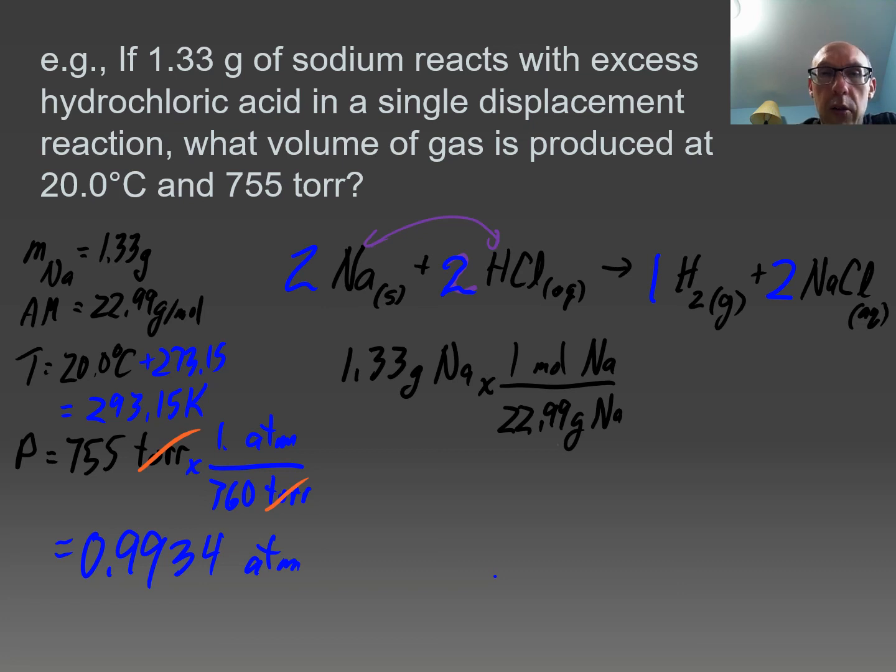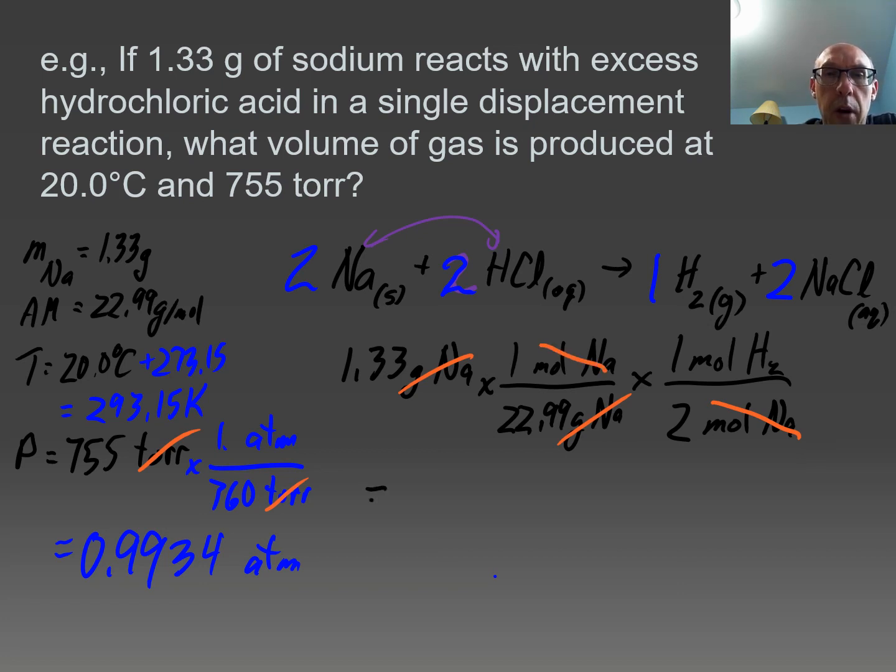That lets me cancel grams of sodium. And then I'm going to multiply by the mole ratio. For every 2 moles of Na, I get 1 mole of H2. That lets me cancel the moles of Na.